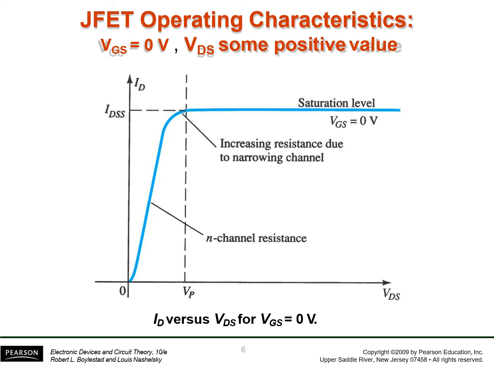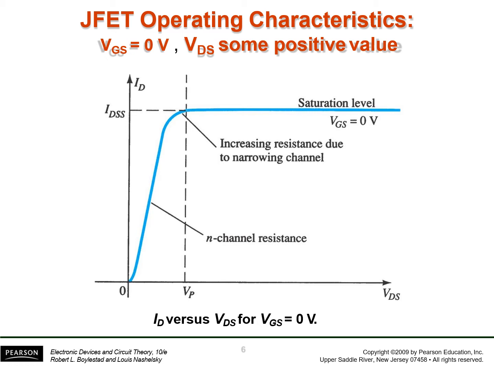But what actually happens is that as we go on increasing the voltage between the drain and the source, or the VDS, a point comes on the VDS axis when the current would no longer increase as it was increasing in the earlier range, and it would saturate at a certain level.